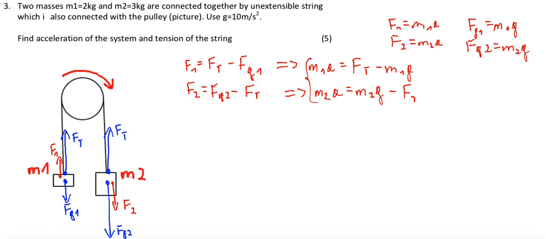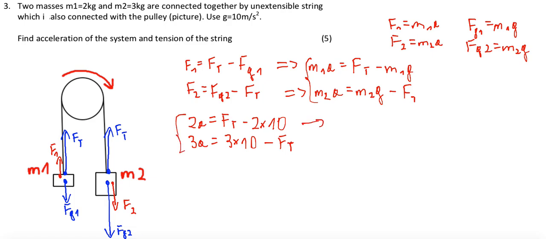Substitute data, m1 is 2, so 2a is equal to Ft minus 2 times g, which is equal to 10, and m2 is 3, so 3a is equal to 3 times g times 10 minus Ft. Calculator or manually.